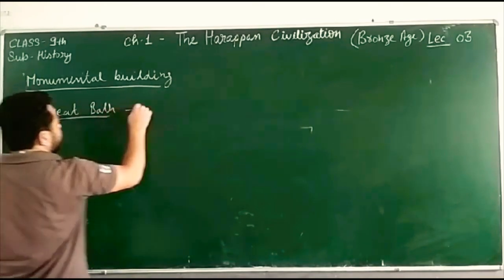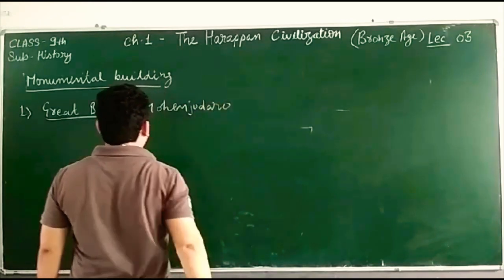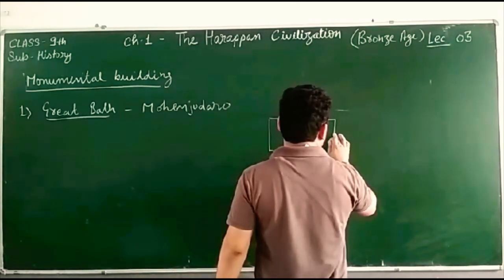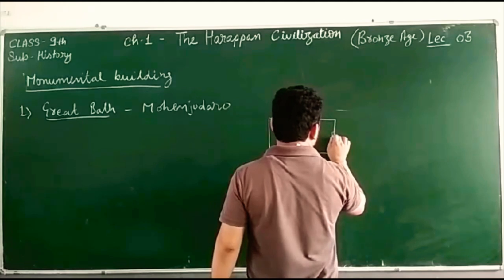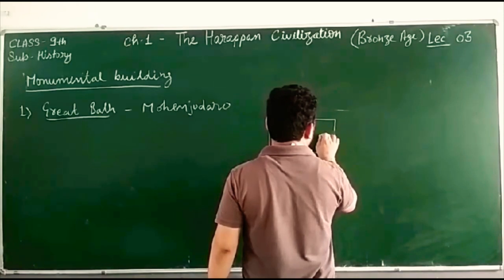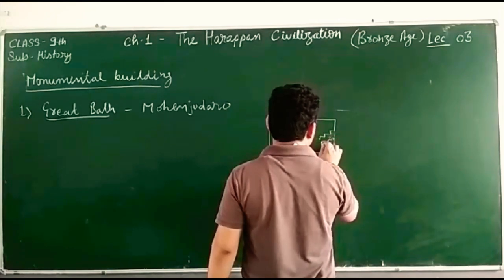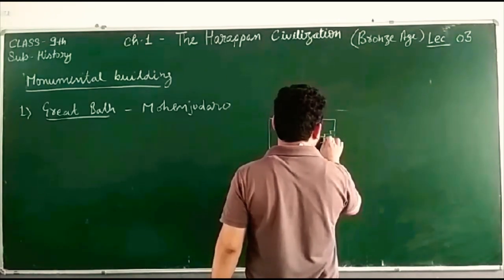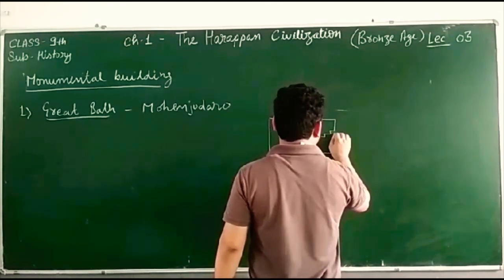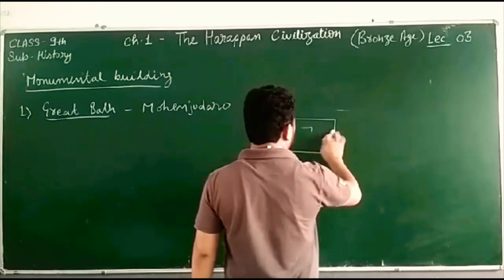The Great Bath has been found at Mohenjo-daro. It was a large tank connected with stairs from north and south.